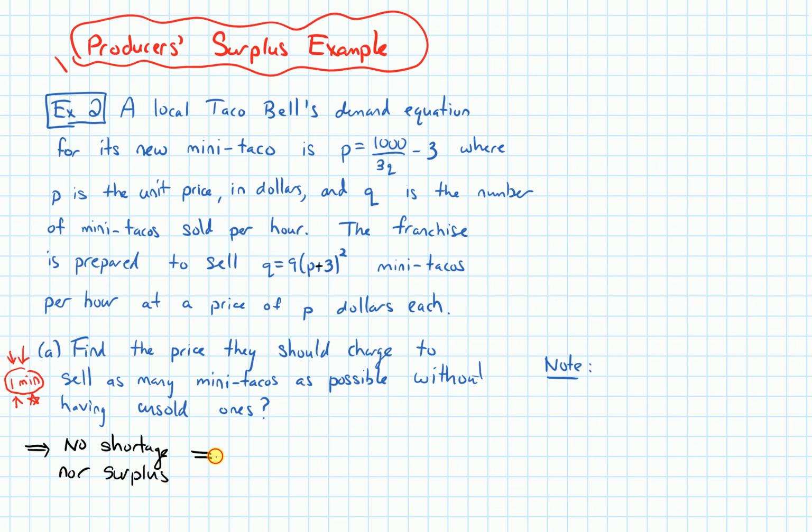And that happens at equilibrium. That was one of the concepts when we learned about supply and demand early on in Math 30. As review, to find equilibrium, this happens when the demand equals the supply. That's the sweet spot that gives us no shortage and no surplus.